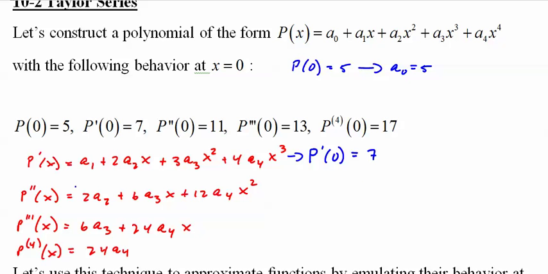Well, a1 is the only one that won't drop out, so we get a1 equals 7.